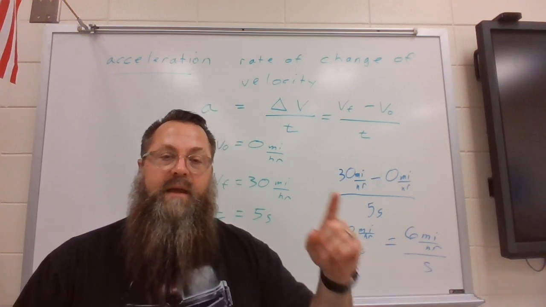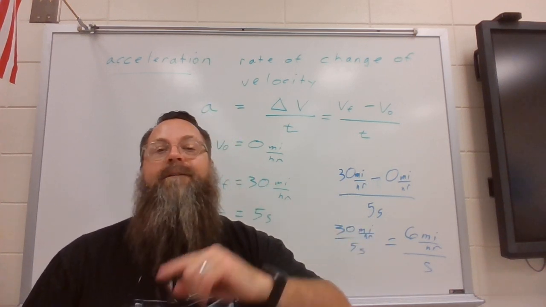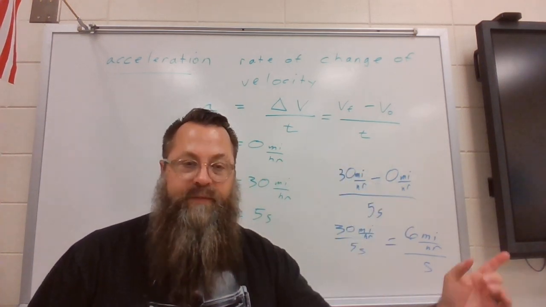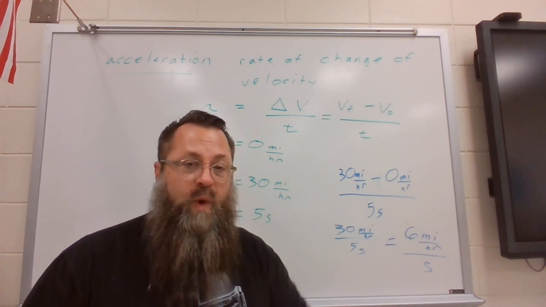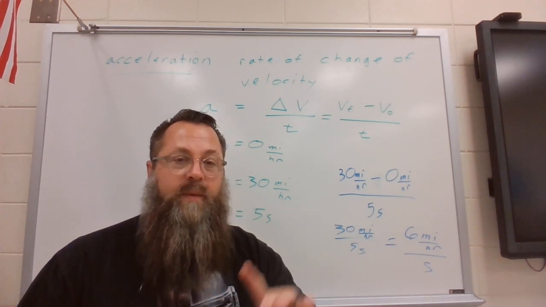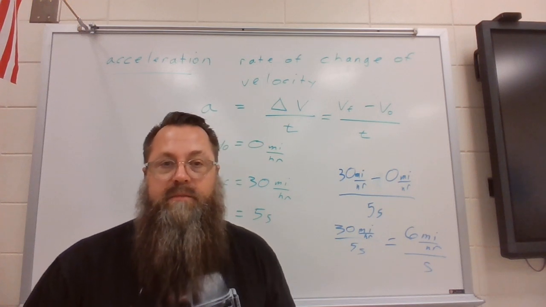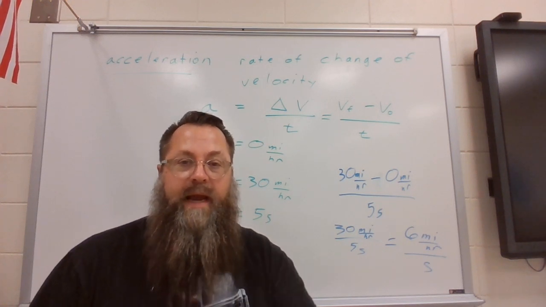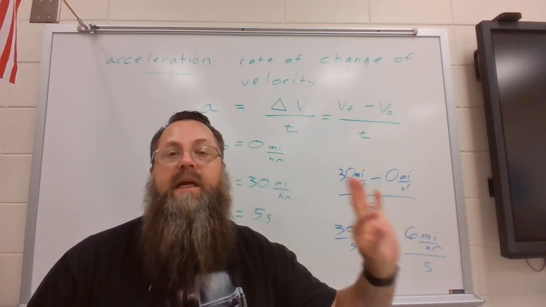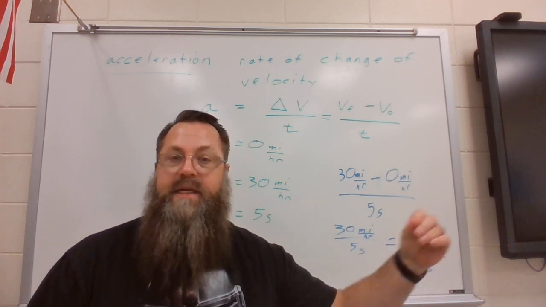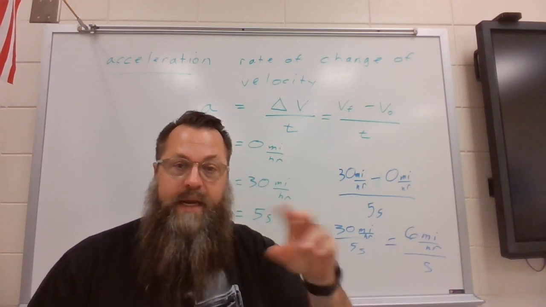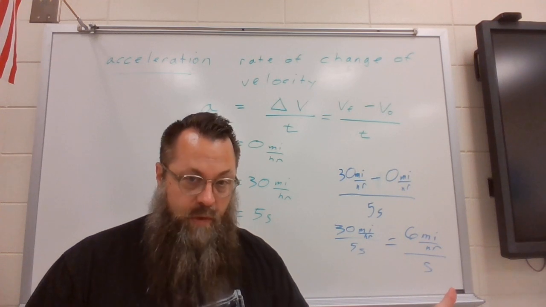Every second, it's going 6 miles an hour faster than the previous second. So after 1 second, this car is now going 6 miles an hour. After 2 seconds, the car is going 12 miles an hour. And we're not just doubling, we're only adding 6 more, okay? So be careful.